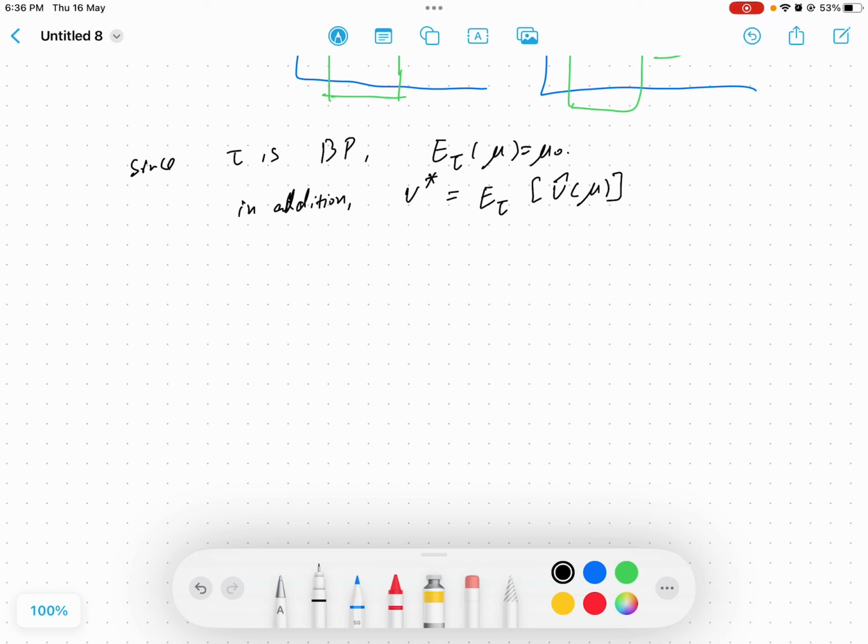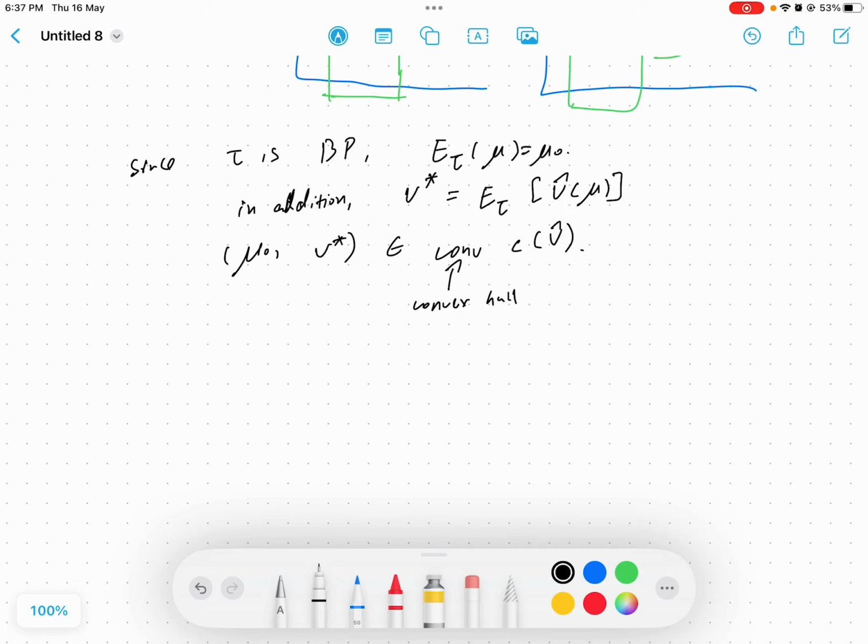So we have that mu naught and V star is an element of the convex hull of this set C of the function.